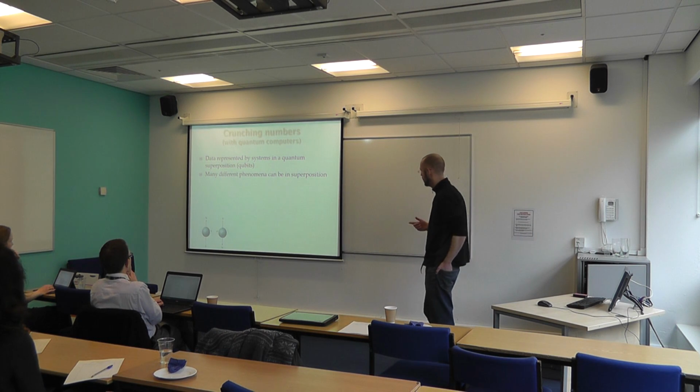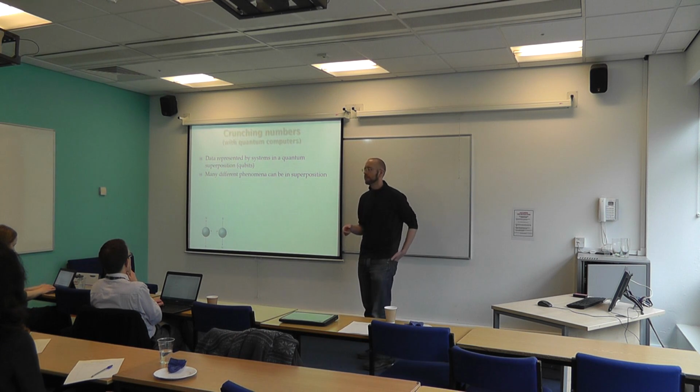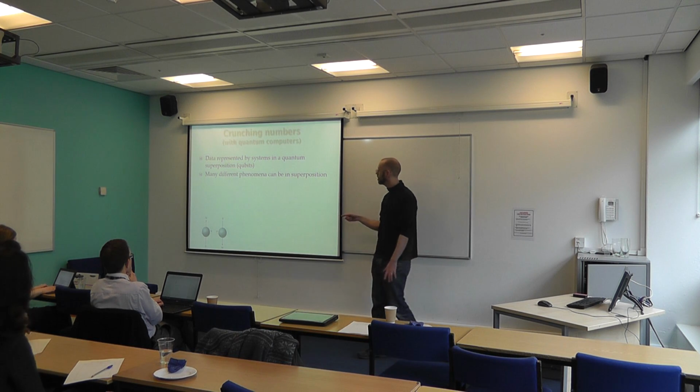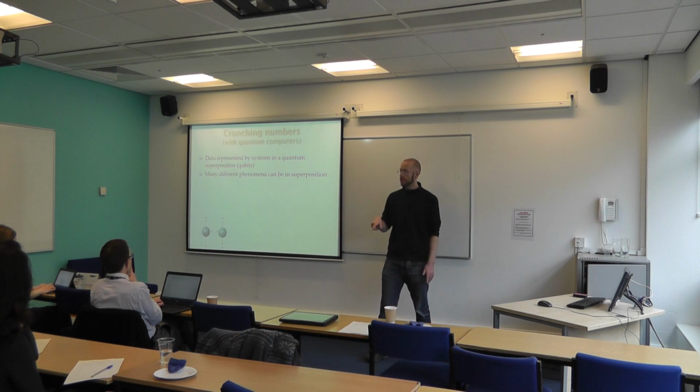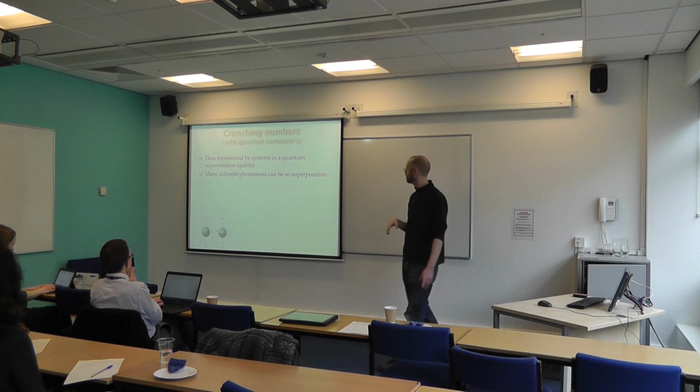Now, many different phenomena can be put into a quantum superposition. For example, electrons have a property called spin. So an electron can be spinning clockwise, or it can be spinning anti-clockwise. And we can put an electron into a quantum superposition where it is spinning clockwise and anti-clockwise at the same time.